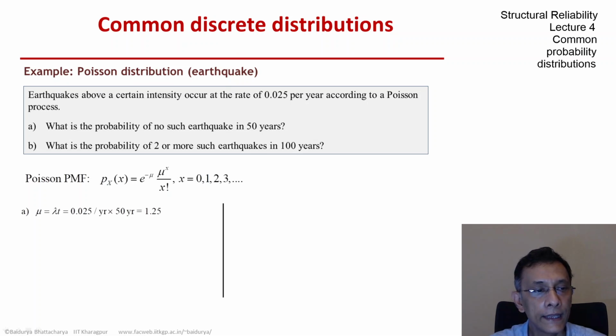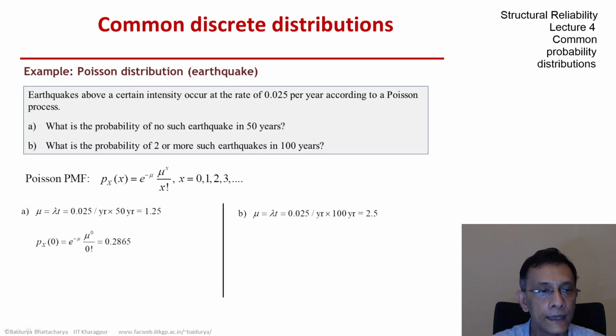So in this case, it's 1.25, and then plugging in the value of 0 for that particular PMF, we get a 28.65% chance of no earthquake occurring in 50 years of that intensity.